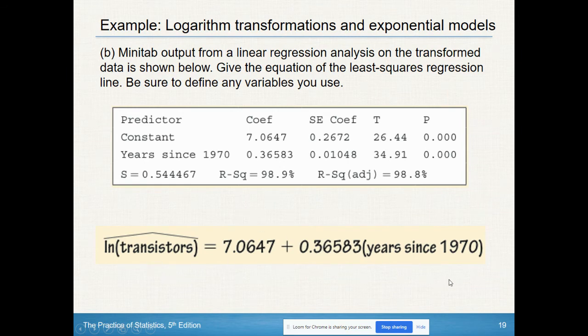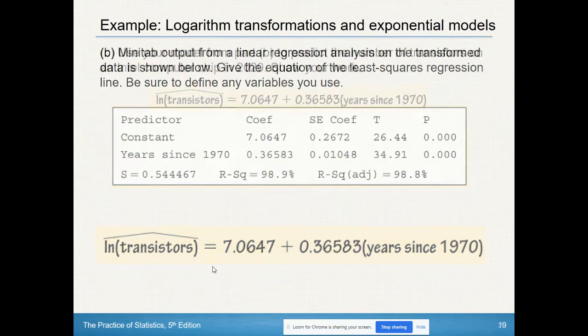So we've got our equation here. If we did ln of y and used x right here, then we just need to define below what y and x are. y is the number of transistors and x is the years since 1970.